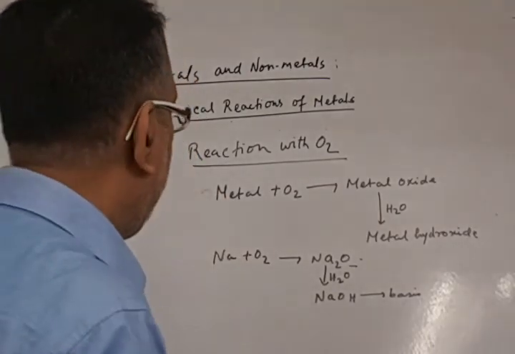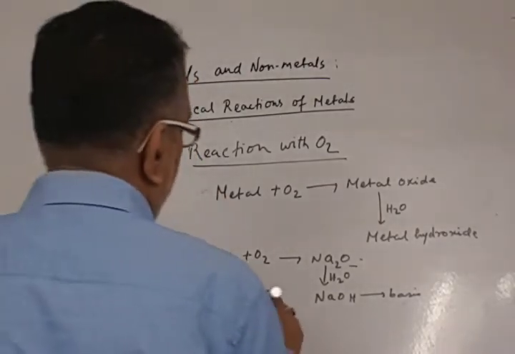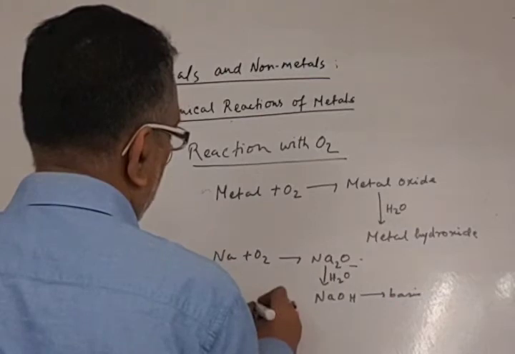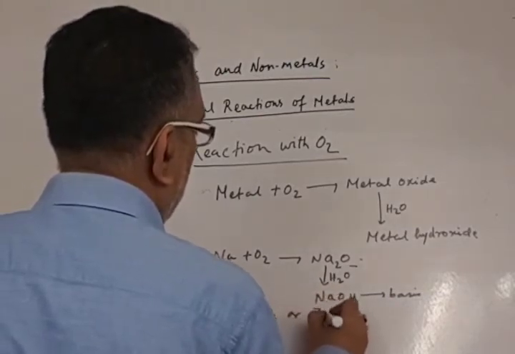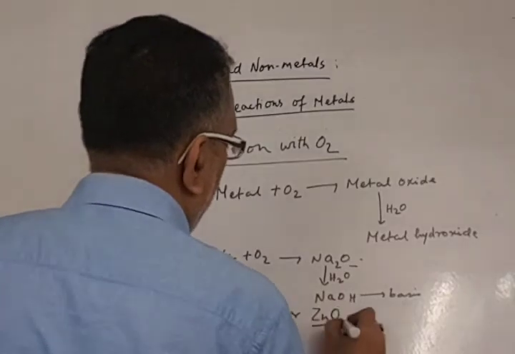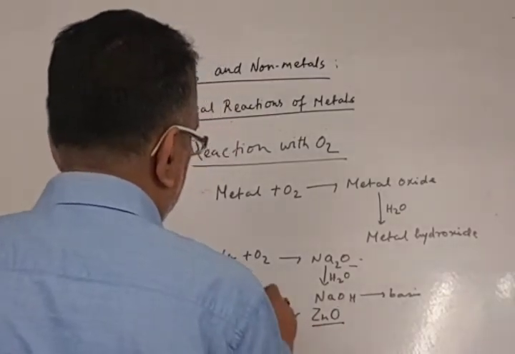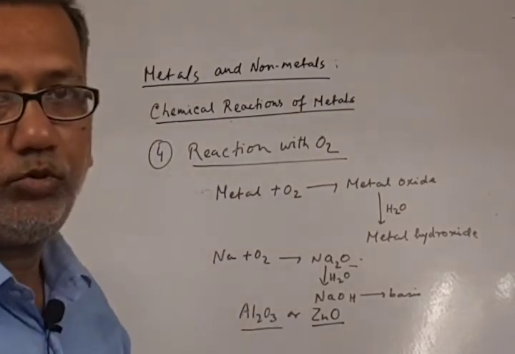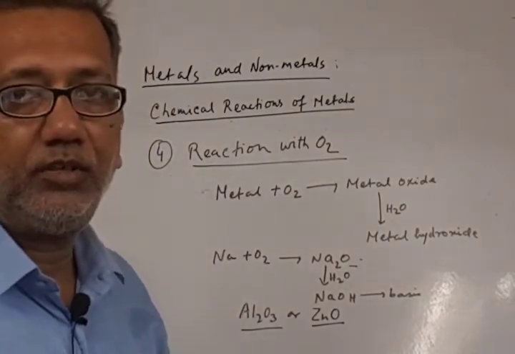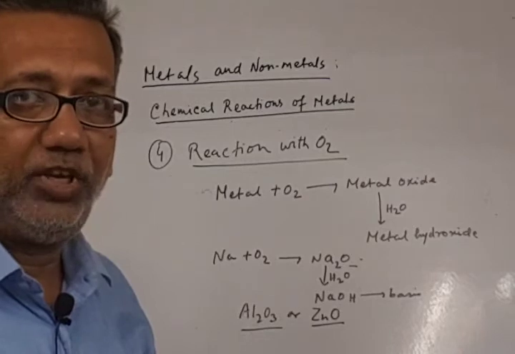But in case of Al2O3 or ZnO, zinc oxide, we find that these two oxides can react with both acid and base.